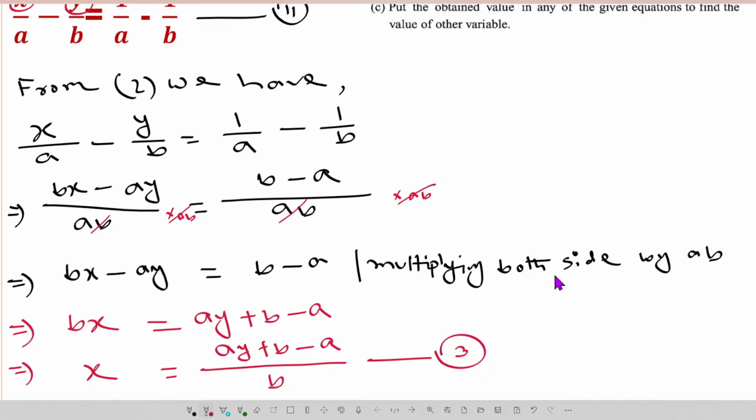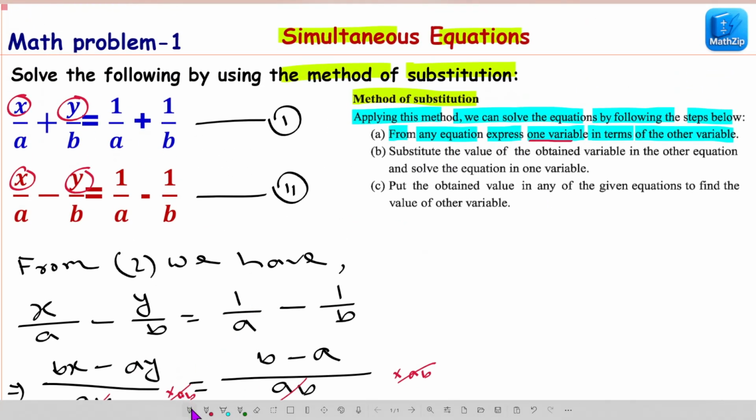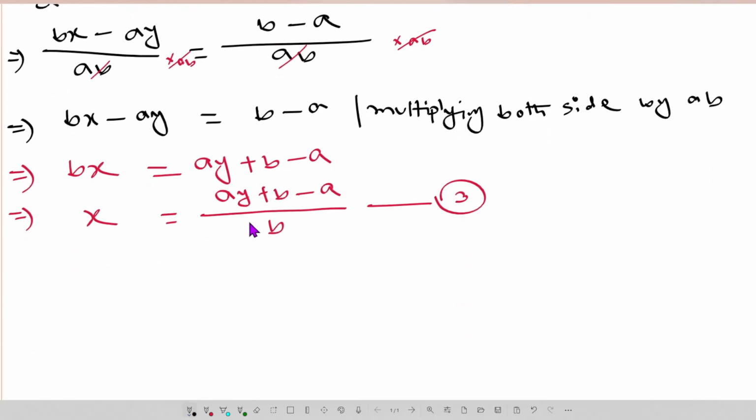Okay, now what can we do? Now in equation 1, we can put x equals ay plus b minus a divided by b, right?